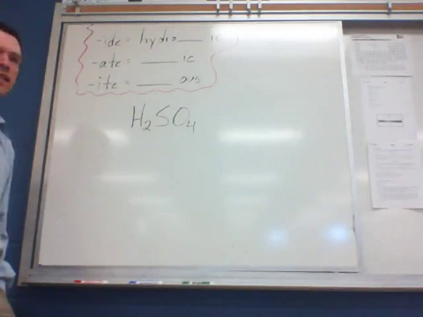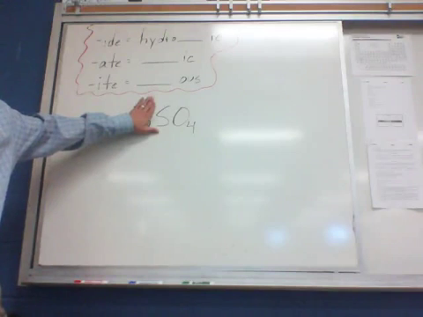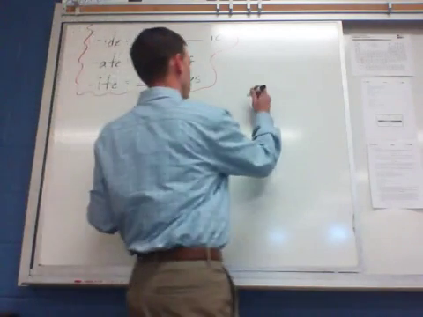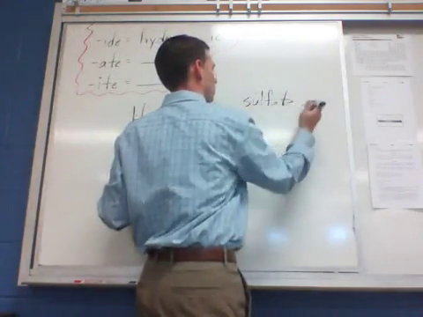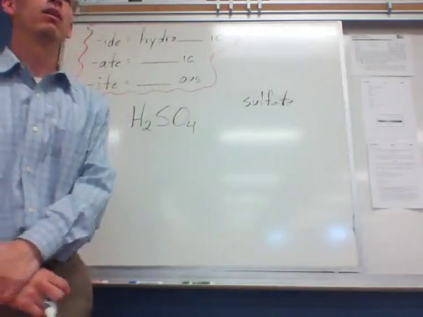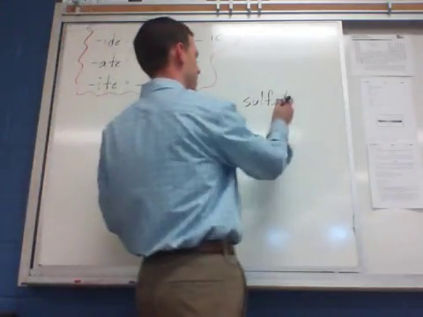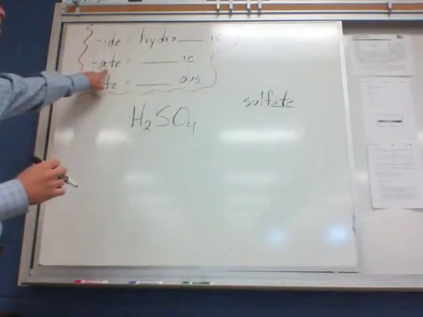I know it's an acid because it starts with H. I cover up the H and I'm left with SO4. What is the name of SO4? Sulfate. All right, what suffix is on that word? Ate. There's ate.